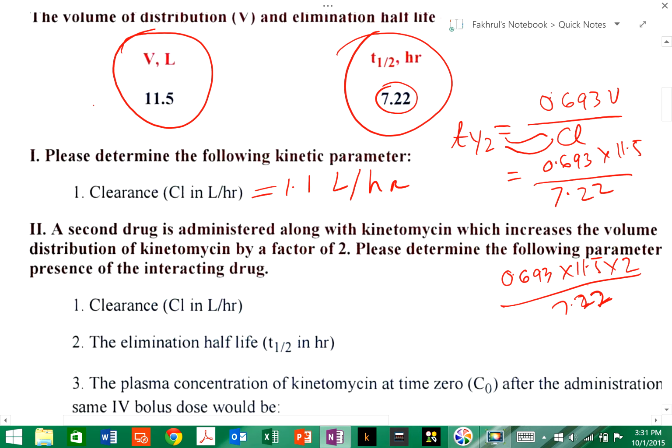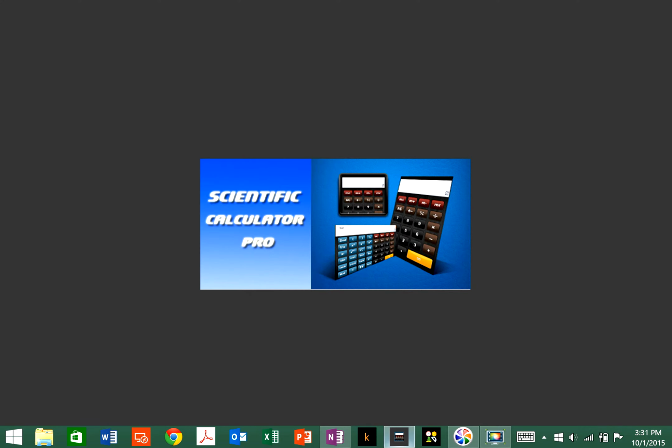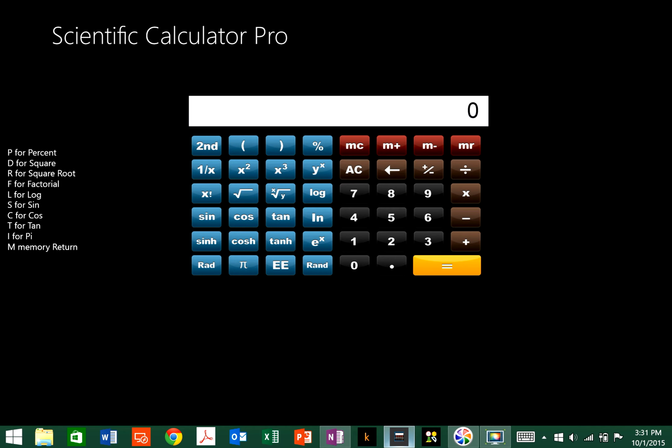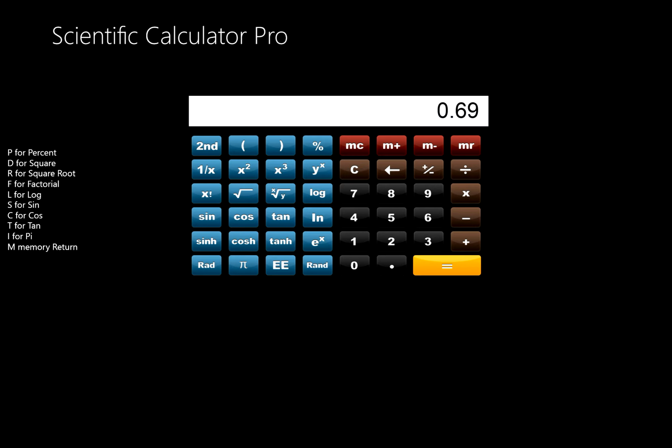And what is going to be your clearance? If you go back to your calculator, in that case you will put 0.693 multiplied by 23, which is 11.5 multiplied by 2, and then you divide by T-half, 7.22.